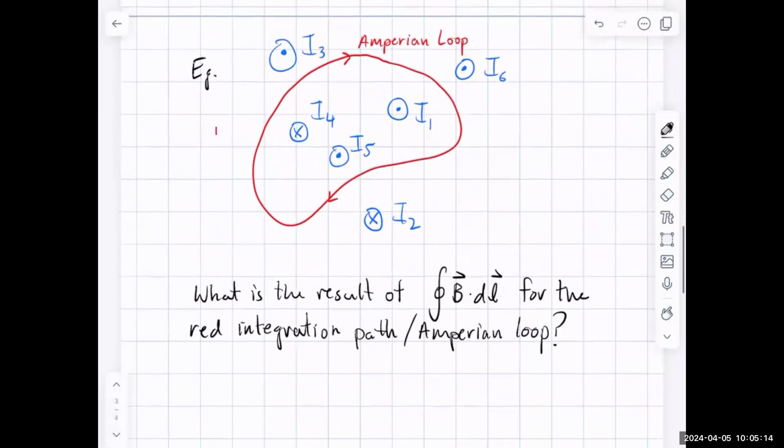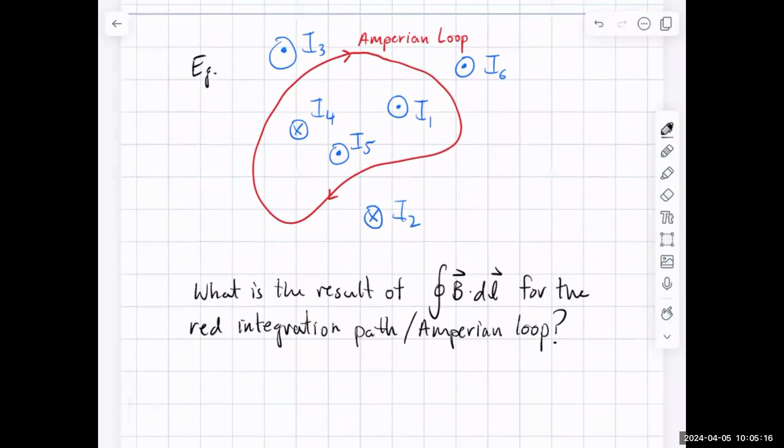What I want to do is one more example of an Ampere's law type problem. And so what I've drawn here is a red integration path, or a red Amperian loop. And I've drawn a bunch of currents. There's 6 of them. And they're either going into the page or out of the page. So imagine that these currents are sections of a long wire.